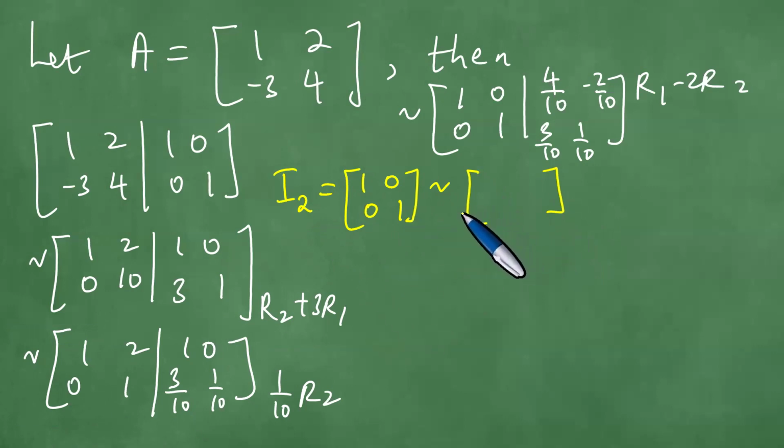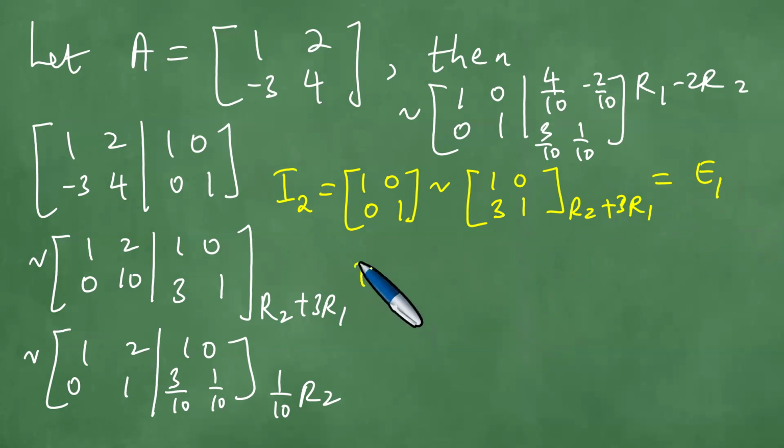Because for it to be an elementary matrix, we need to perform only one elementary row operation on the matrix I2, and this gives us exactly row 2 plus 3 times row 1, which is 3 and 1, and this gives us the first elementary matrix.